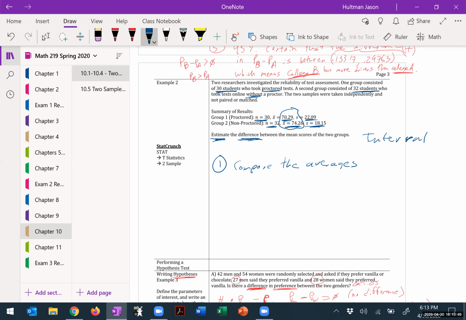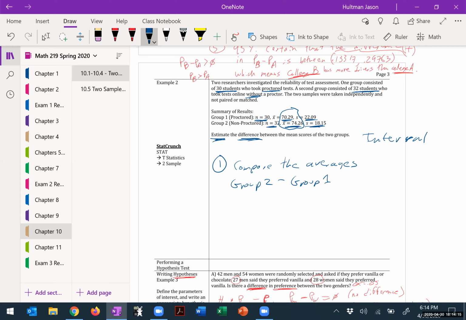The average went from 70 to 74. And I want to know, is that significant? Is there a significant difference in the two groups? Well, it's just easier for me to think of group 2 minus group 1. Now, why is that? Why is group 2 minus group 1?